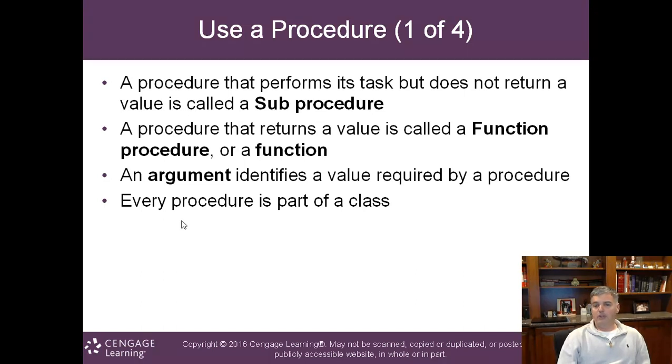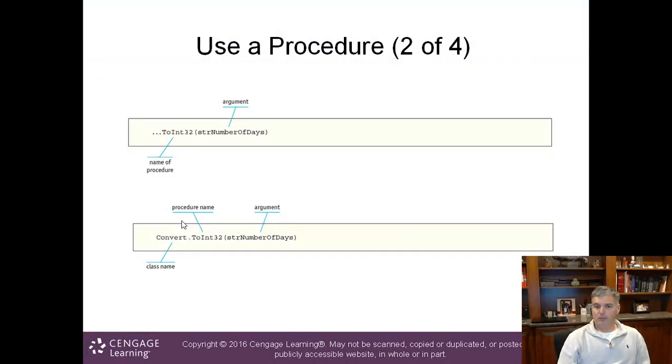An argument identifies a value required by a procedure. Every procedure is part of a class. So in this example, we're going to be using the ToInt32 procedure that is part of the Convert class. What this is going to allow us to do is convert the string number of days, which is a string because you've entered it from a text box, and we want to do some math on it.